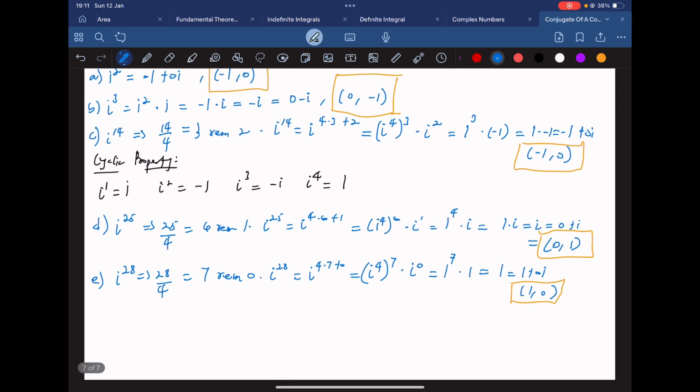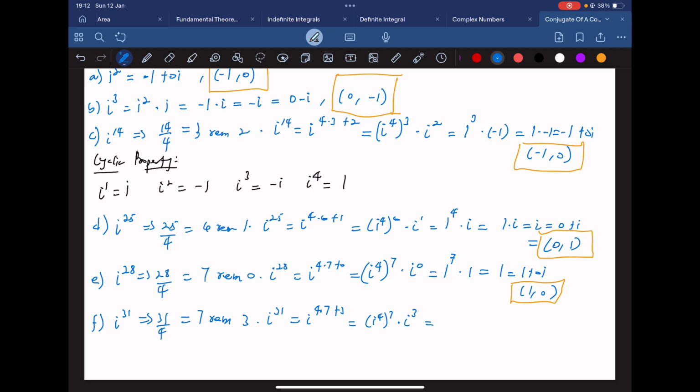So now f. For f, we have i to the exponent of 31. This is 31 divided by 4, and that's going to give you 7 remainder 3. So i³¹ is just i⁴ multiplying 7, then plus 3. So that is i⁴ to the power of 7 multiplying i³.